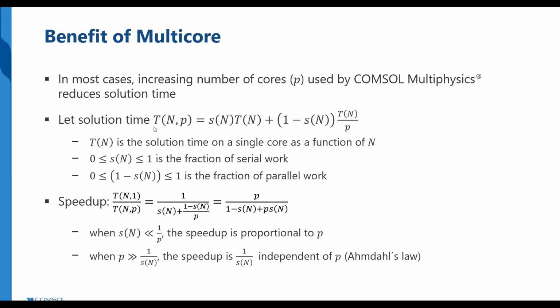And if we denote T here as the time it takes to solve the problem of a certain size with P cores, this fraction is called the speed up. So we compare what it takes to solve the problem with one core with P cores, and we'll get a number larger than or equal to 1, hopefully.